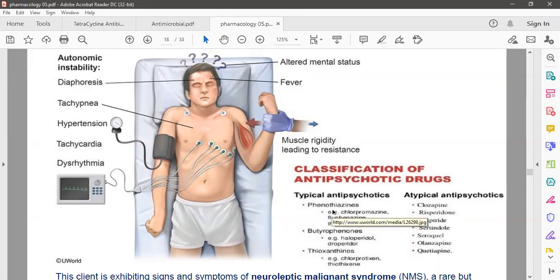Other common phenothiazines are thorazine and promethazine.